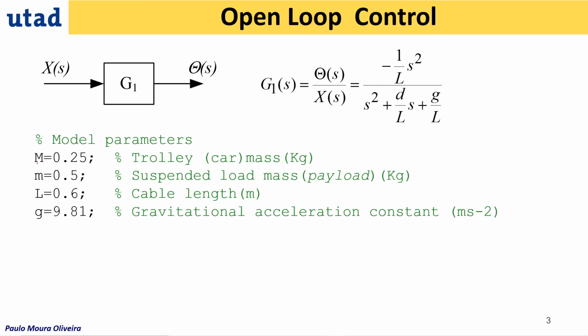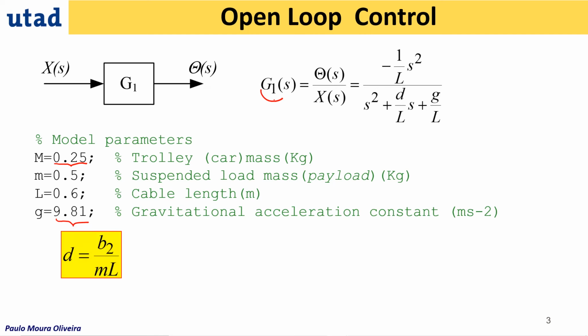The trolley mass is 0.25, sorry, the suspended load is 0.5 kilograms, and then we have this length of the cable, and this is the gravitational constant. So using these values in this first model, G1, we can do some introductory simulations.